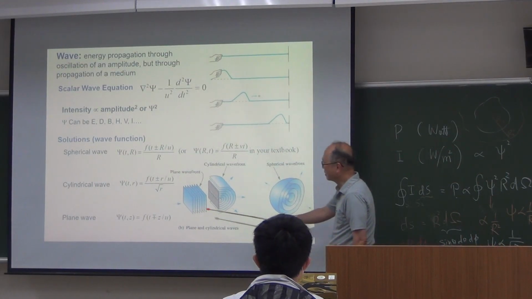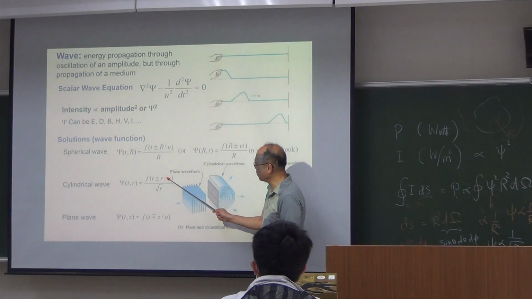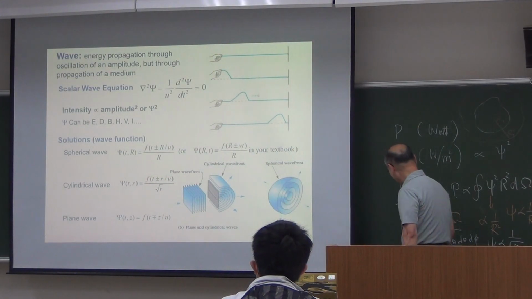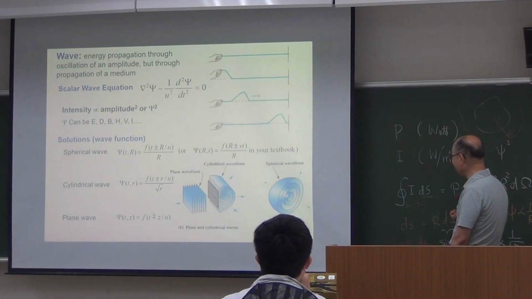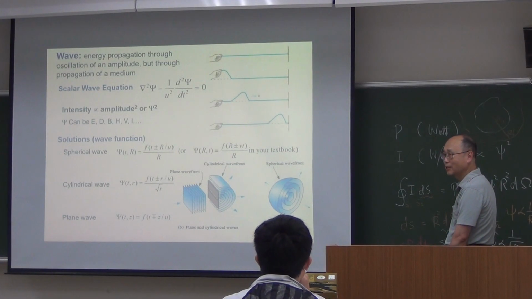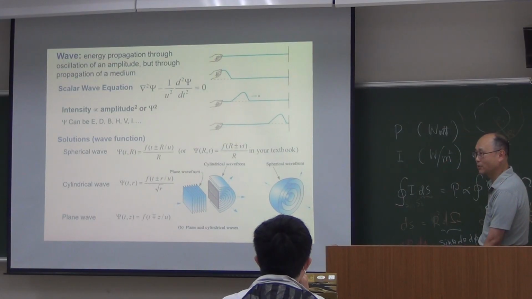Because the psi square is going to be 1 over R. That will cancel with this R in this integration and make this P a constant. Easy. This is too easy for you, right?